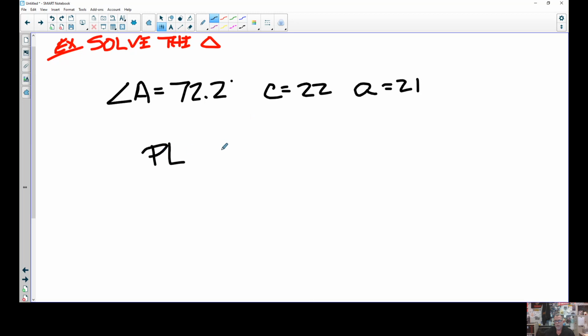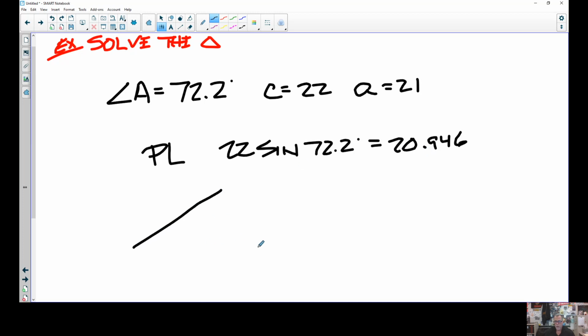My perfect length is going to be 22 sine 72.2 degrees. All right. And that length is 20.946. That's in your calculator. So if I draw a quick sketch of my situation, I've got my angle going out that way, this is my angle A down here.